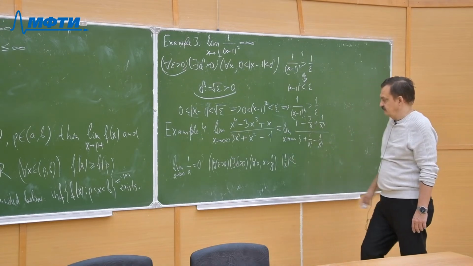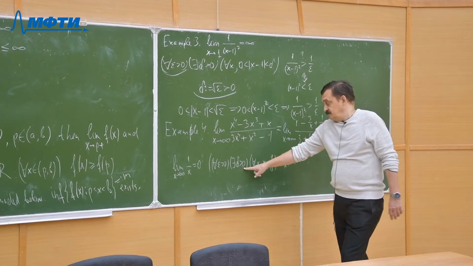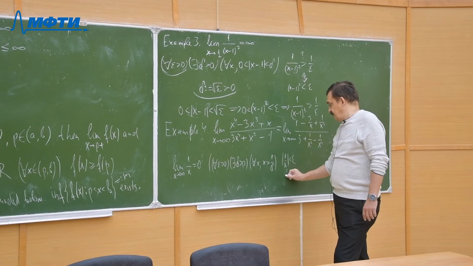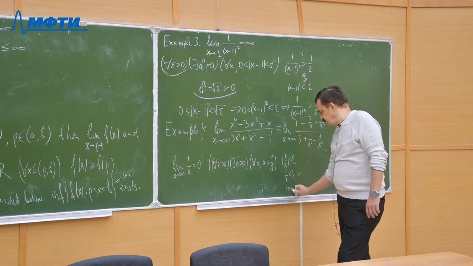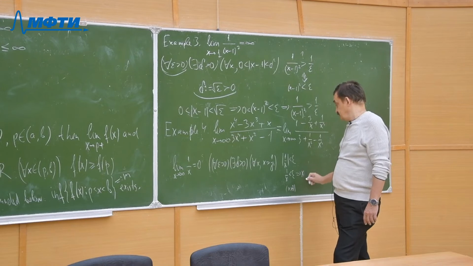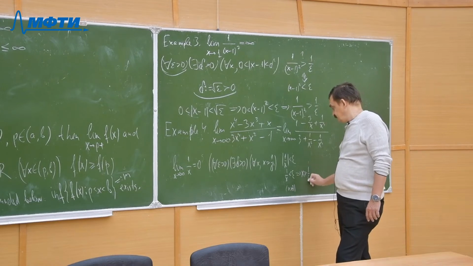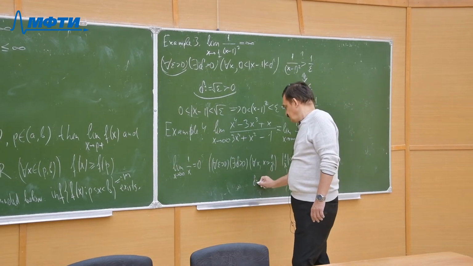For positive x, we can rewrite it as x greater than 1 over epsilon. Hence, we can choose delta equal to epsilon.